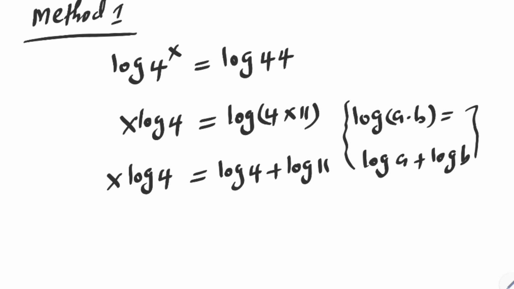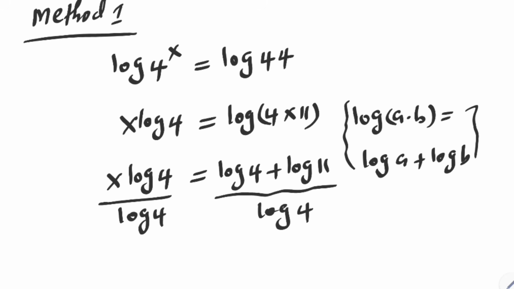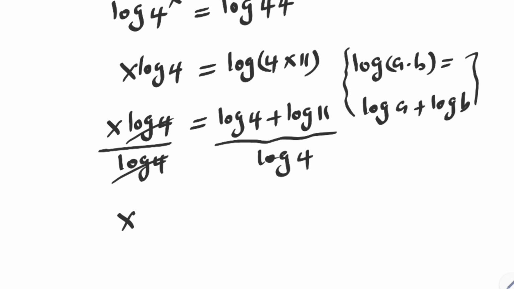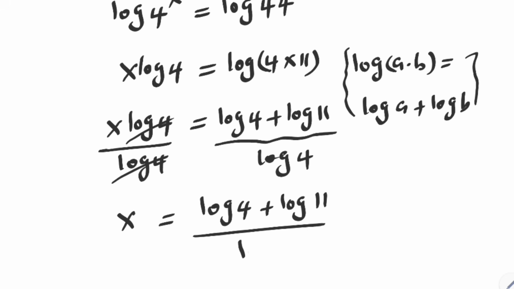Now let us divide the whole of this equation by log 4. This is divided by log 4, and the whole of this is divided by log 4. This log 4 cancel this log 4. x is equal to log 4 plus log 11 over log 4.